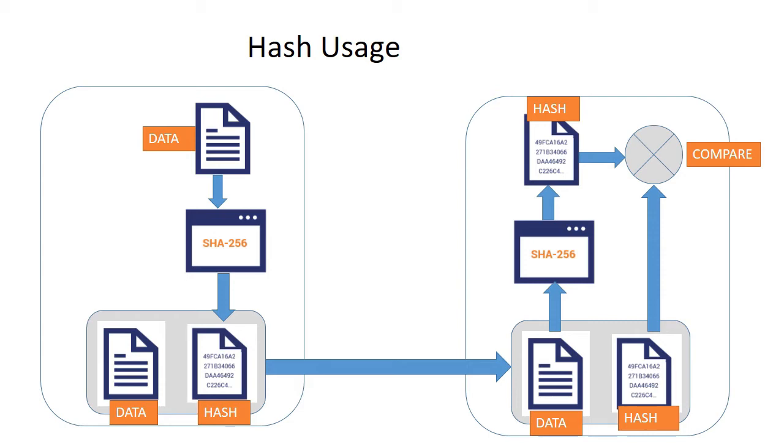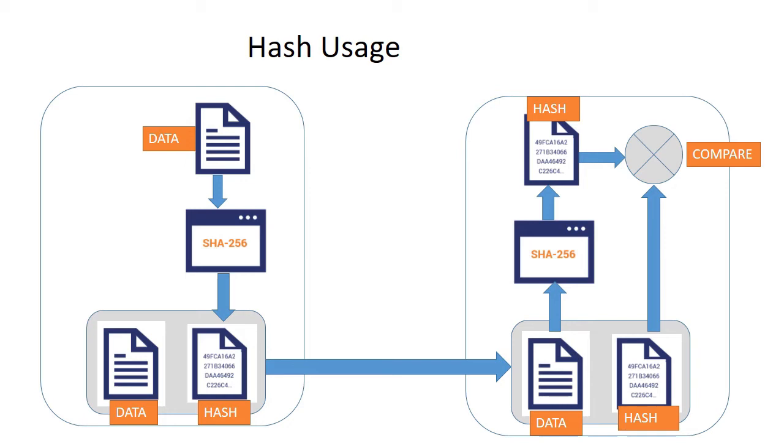The receiver receives the data and the hash, and they are separated. The same hash function is applied over the data, so it will create a hash.